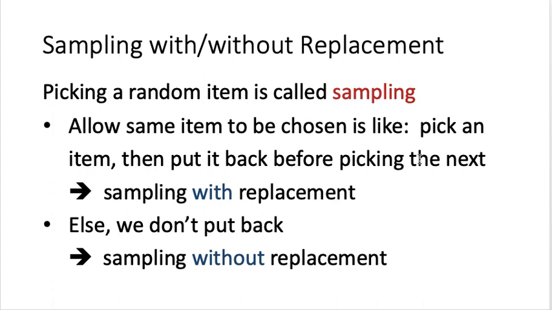So this method is called sampling with replacement. Otherwise, we don't put back, and the method is called sampling without replacement. Usually, sampling with replacement is easier to analyze and easier to implement.